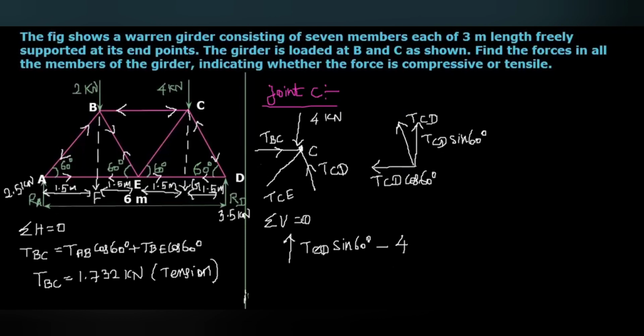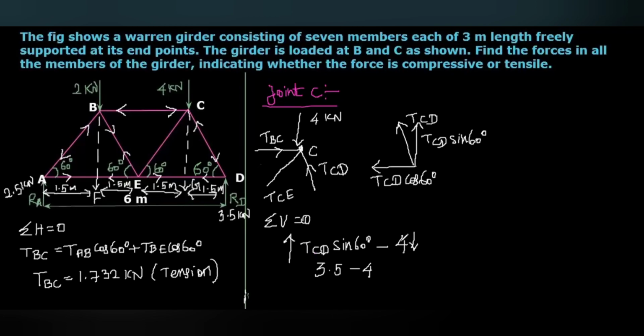Here, the value of TCD that equal to 4.042, then multiplied with 0.866, we will get 3.5 for this value minus 4. Okay, here the 4 is the downward force.